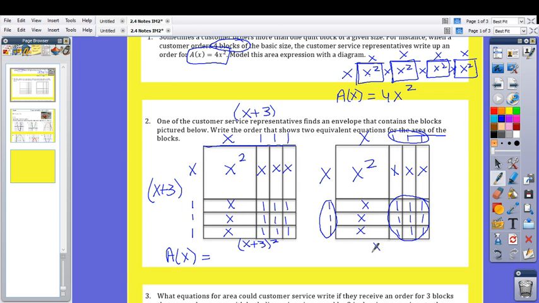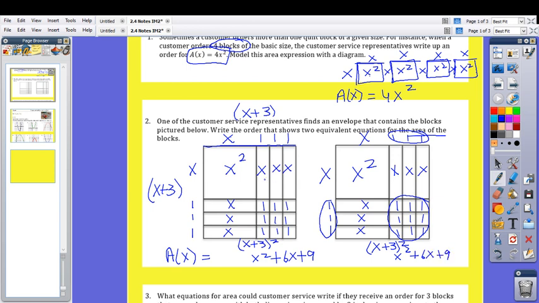For this one also it will be x plus 3 and the square of that. If we count the tiles, then the area will be x squared, and then there are 6 of them, so 6x, and there are 9 of them, so 9. Same thing here, so you will have x squared plus 6x plus 9.